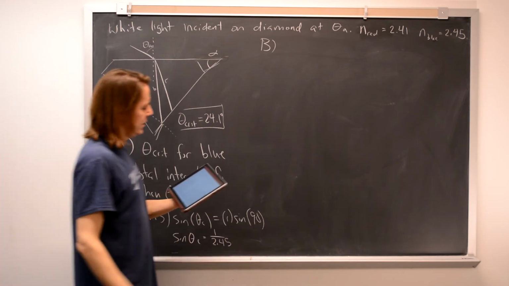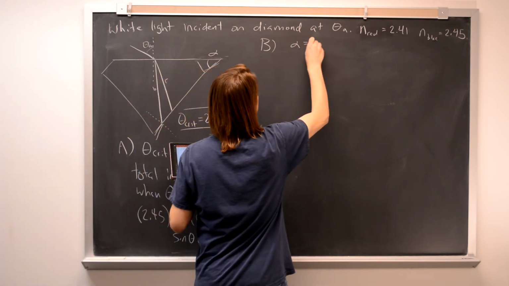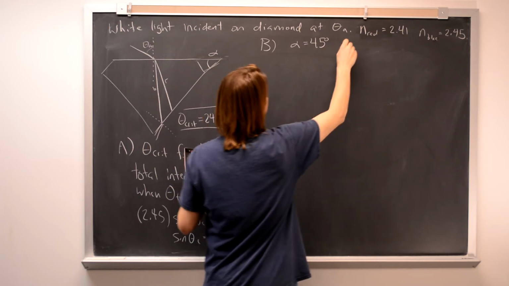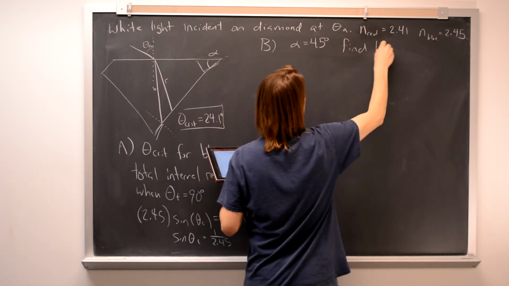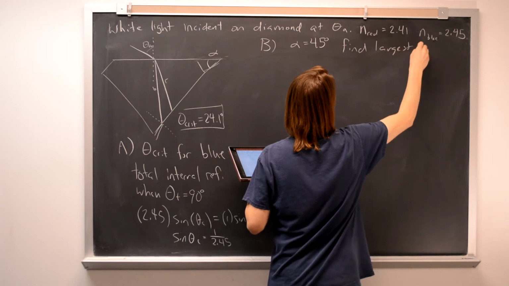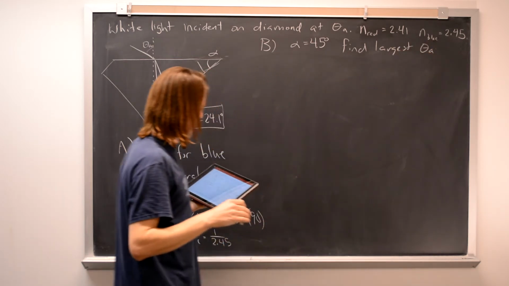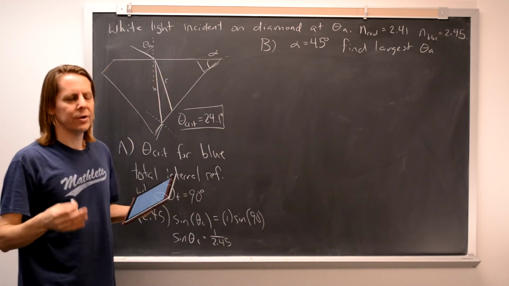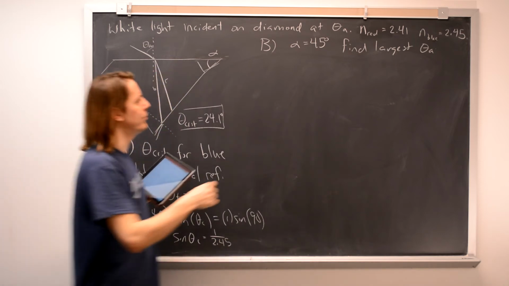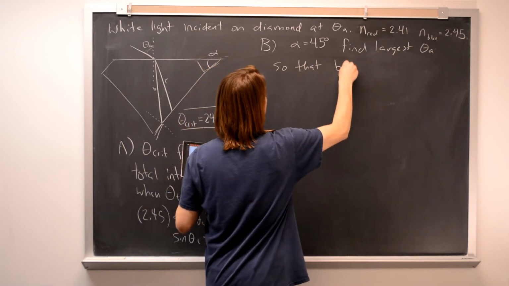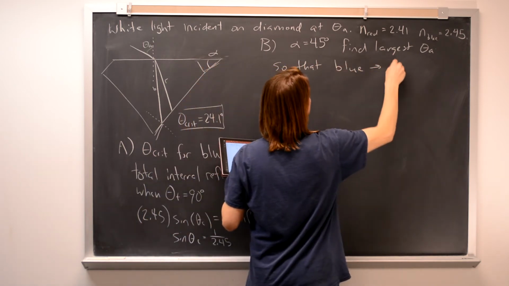So they tell you that alpha is 45 degrees. So find the largest theta A so that blue light goes through total internal reflection.